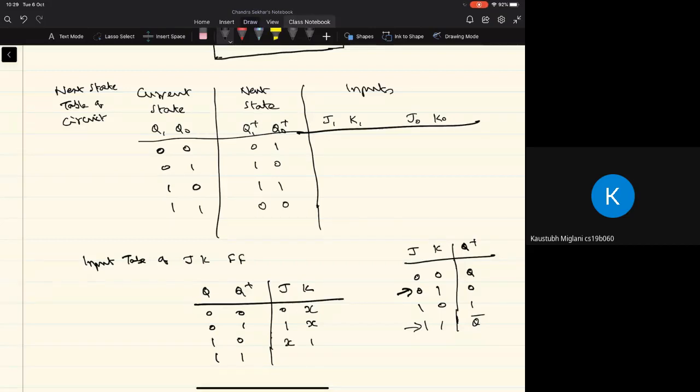Similarly, if I want Q to be 1 and Q plus also to be 1, that can be realized by having either JK equal to 0, 0 or JK equal to 1, 0. So 0, 0 or 1, 0 is basically denoted by x0.